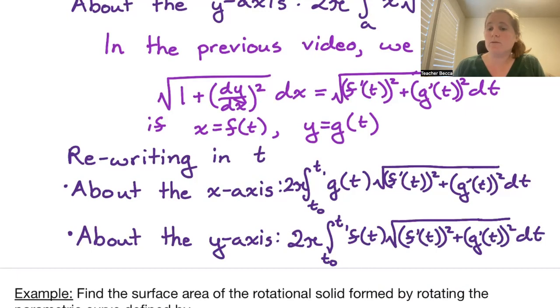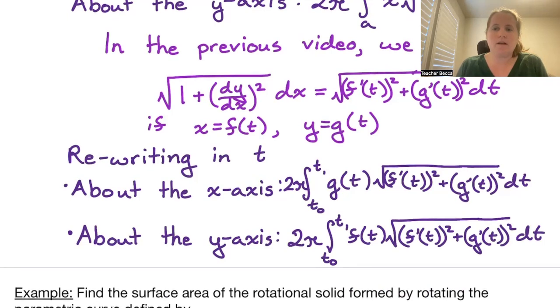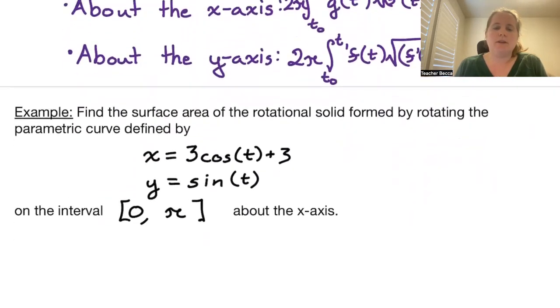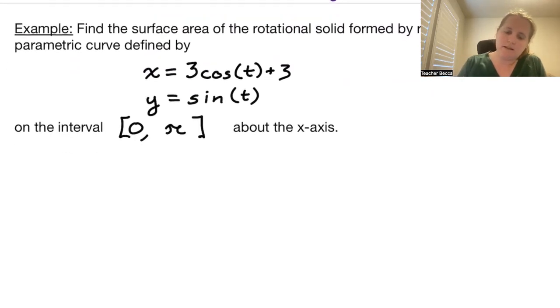So now we have two formulas which look fairly similar to the formulas we're familiar with for surface area. It's just now in terms of t, or our parameter, instead of in terms of x. So now for an example, let's find the surface area of the rotational solid formed by rotating a parametric curve defined by x equals 3 cosine of t plus 3 and y equals sine of t on the interval 0 to pi about the x-axis.